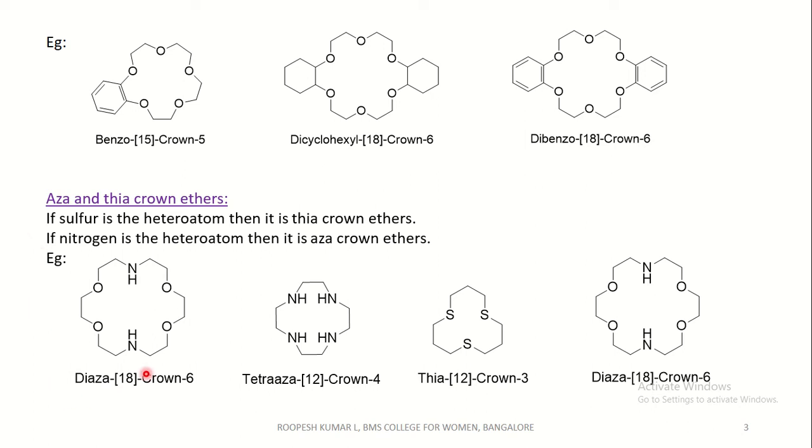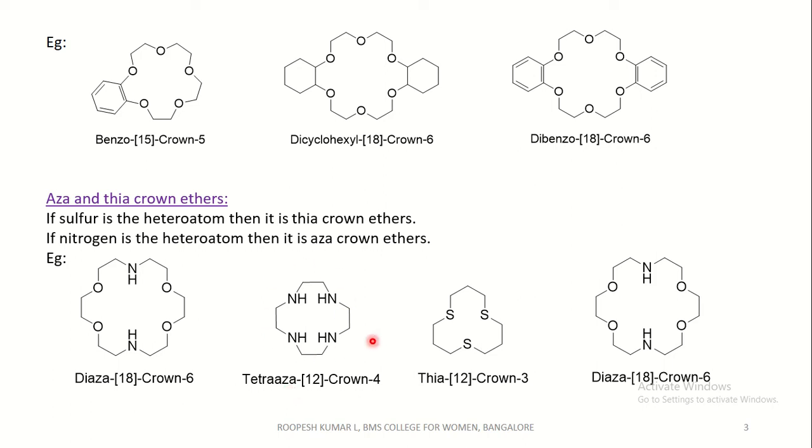Examples are shown here. You can see instead of 2 oxygens, NH is replaced, hence it is called diaza. This is an 18 crown 6. There are 18 atoms overall, and there are 6 heteroatoms. And this is tetraaza 12 crown 4.